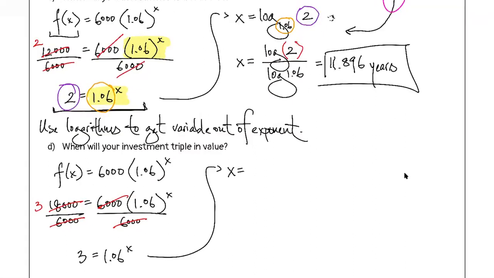All right, before that step though, good. Okay, so log base 1.06 of 3. Beautiful. So log base 1.06 of 3, okay? I want us to write this step on a test.